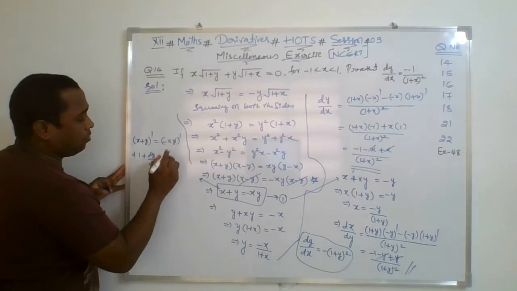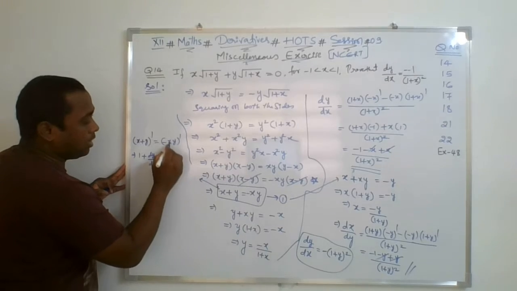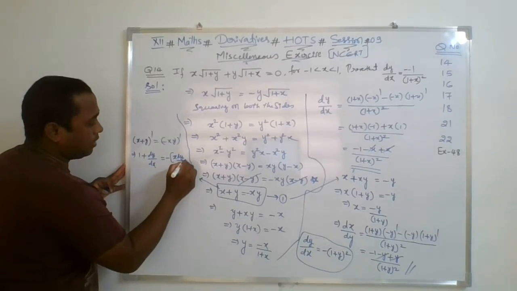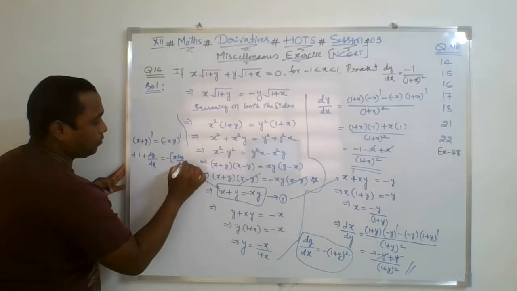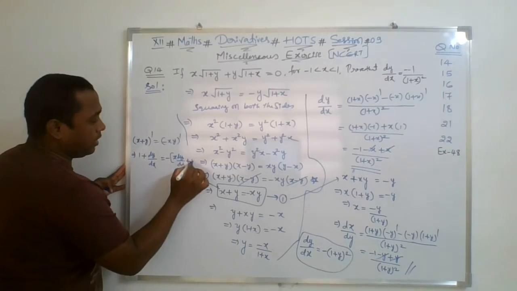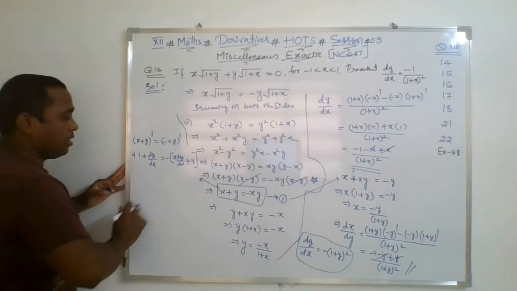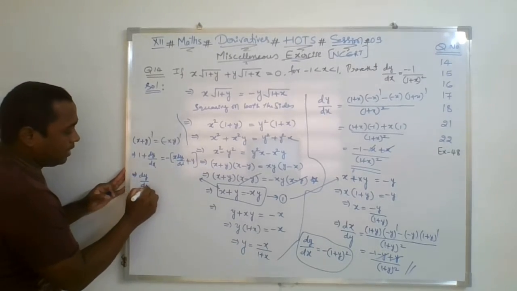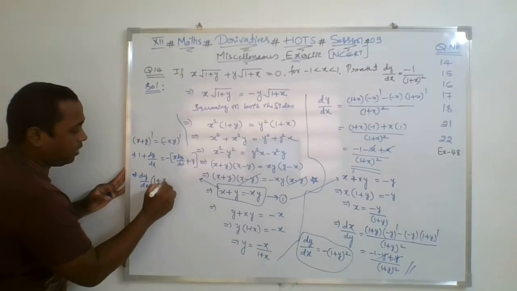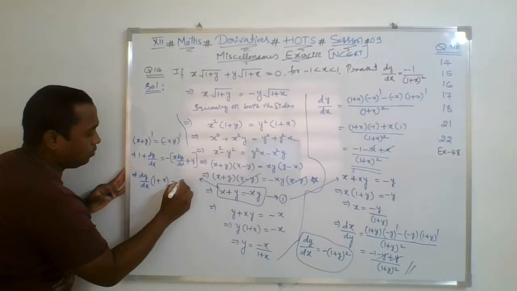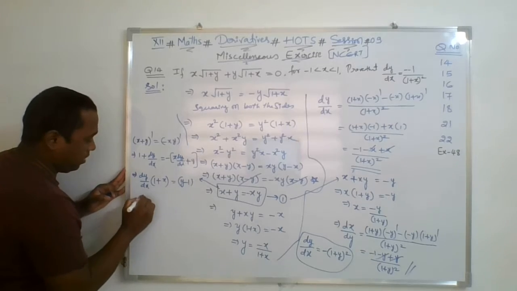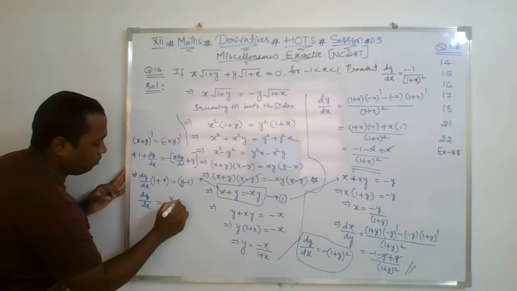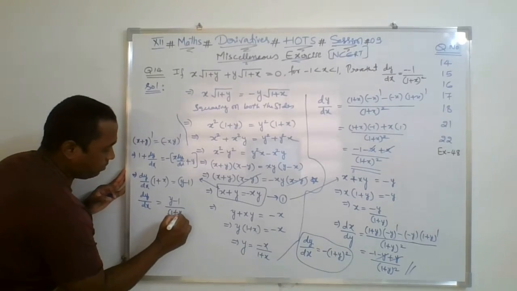Now you have to apply the product rule. So x into dy by dx plus y into the derivative of x, which is 1. Now group the like terms on one side, that is the dy by dx terms, and take common. You will get (1 plus x) dy by dx equal to minus y minus 1. So your answer would be dy by dx is equal to minus (y plus 1) by (1 plus x).